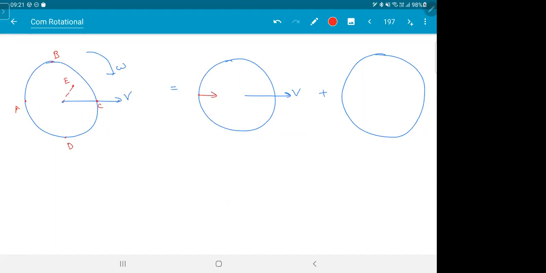It will feel as if every point is going with the same velocity. So this is going with V, this is going with V, and this point is also going with V. Can you visualize? You just take a block and slide it. Every point will go with V, right? That is the meaning of translation.